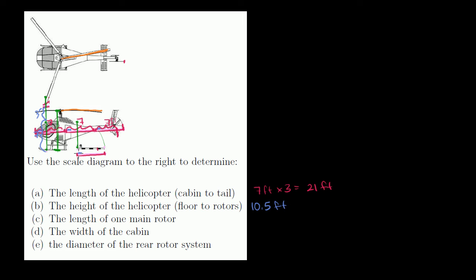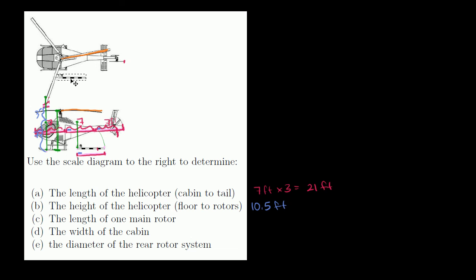And let's compare it to this scale over here. That's 7 feet. So let's copy it and then paste it. Oh no, you can't. I lost it. So let me copy and then paste.